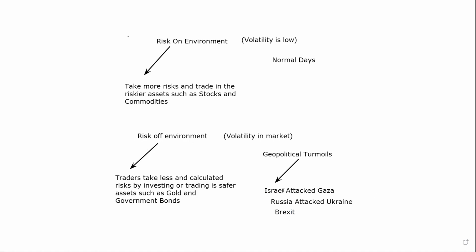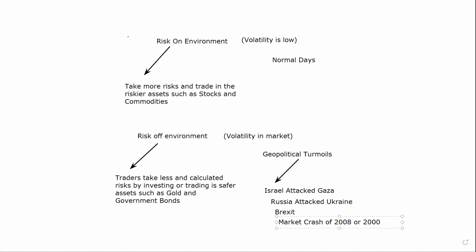All right. Another example of geopolitical turmoil events or the risk off environment is the market crash of 2008 or 2000. During the 2008 financial crisis or the 1998 to 2000 dot-com bubble financial crisis or market crash, the volatility in the market increased a lot.